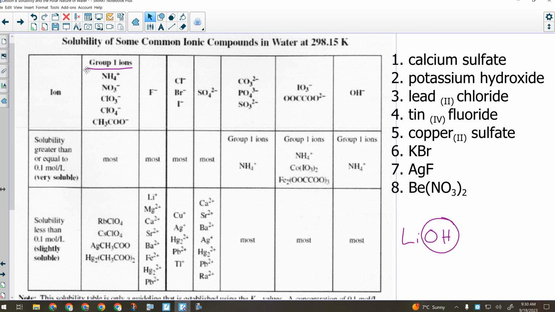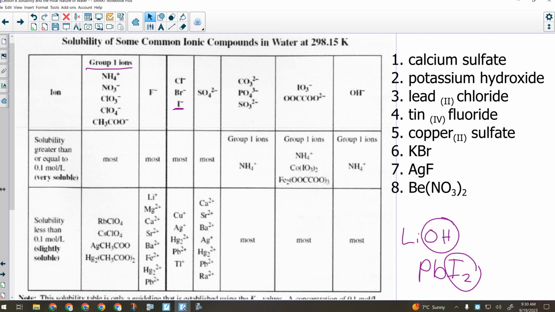Okay, let's try a slightly different one here. Let's try lead 2 iodide. If I want to figure out if this is soluble, I find the negatively charged part of it. That would be iodine, so I go to the top row.